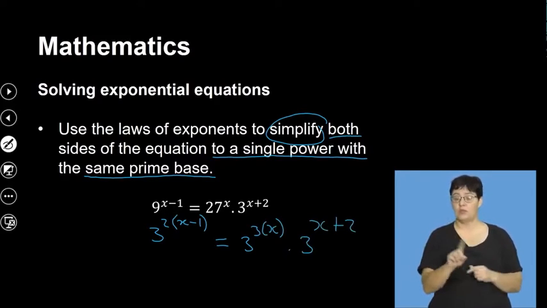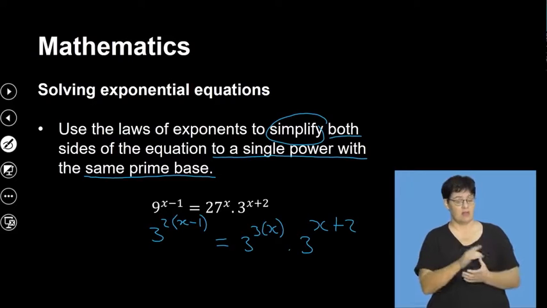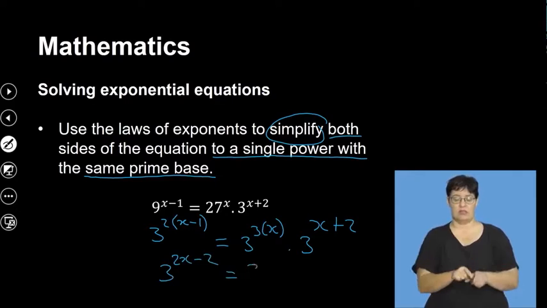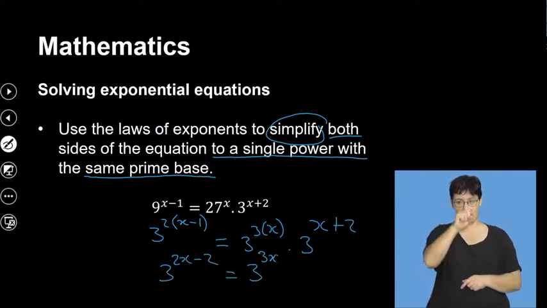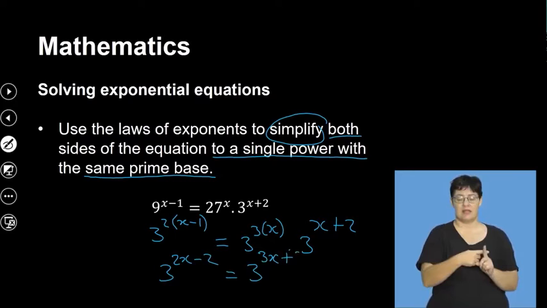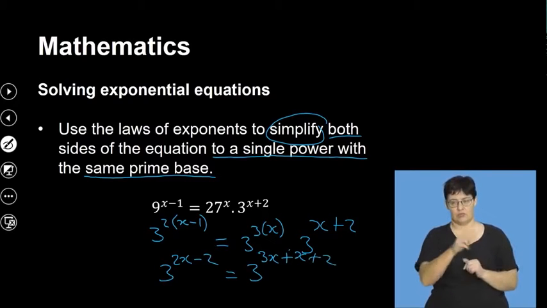And then what do you do? This will then give me 3 to the exponent of 2x minus 2 equals 3 to the exponent of 3x, because the bases are the same, I will just add the exponents, plus x plus 2, right?